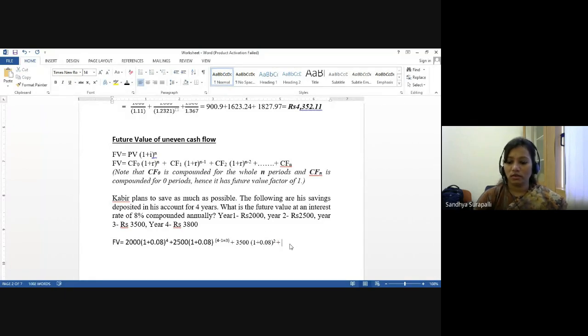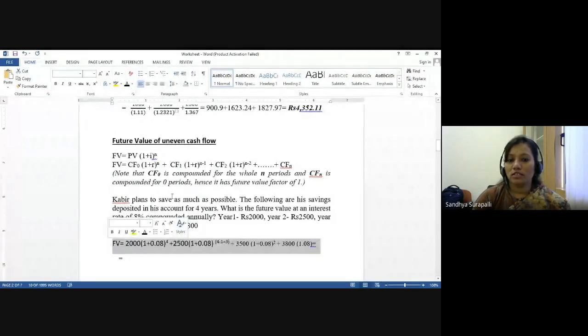Then last one, 3,800. You have to solve it because I have not solved it. Now here, last one we are doing is to the power 1, or if you don't write anything, that is fine.